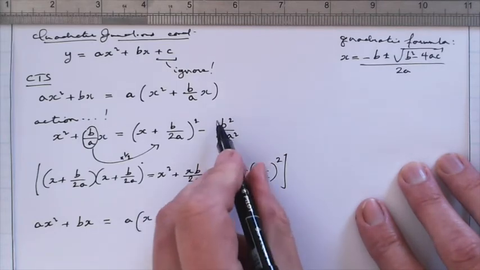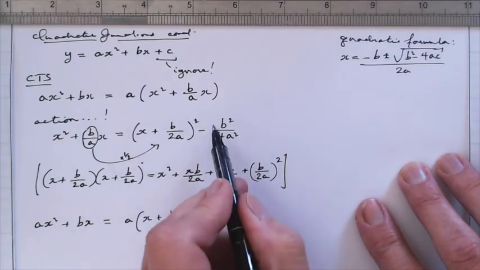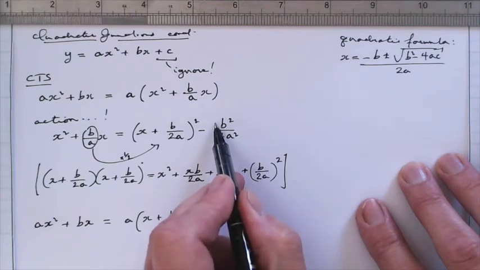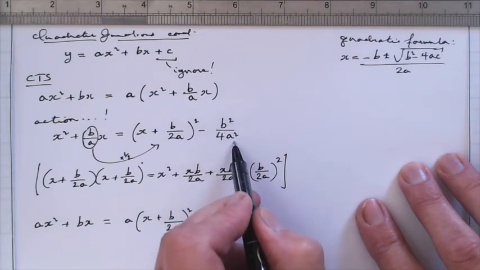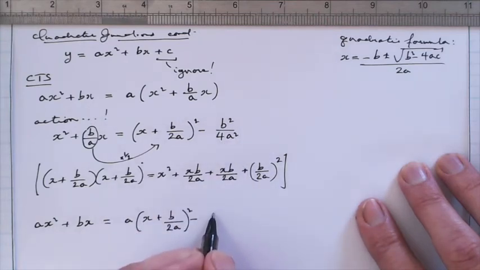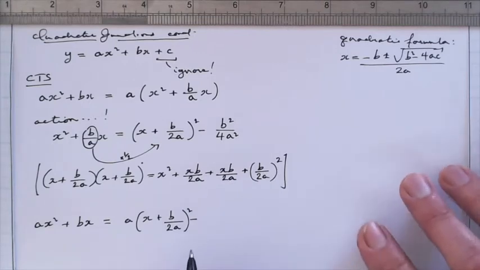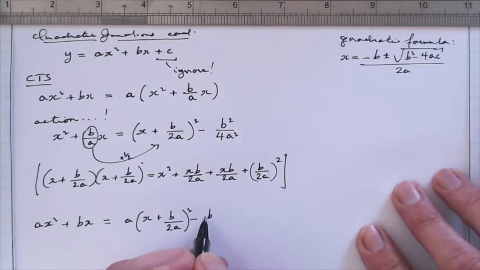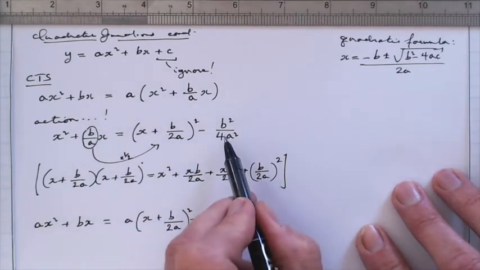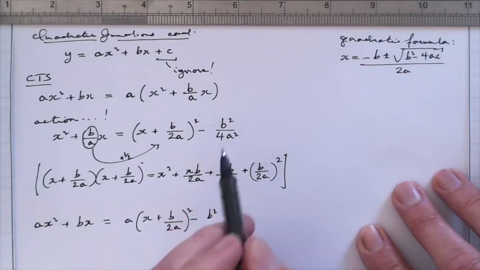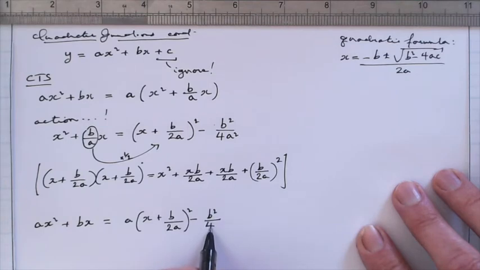If I multiply this by a, I'll just have an a on top and an a squared on the bottom. So I can cancel those a's and I'll just be left with 1a on the bottom. I was going to do an extra step, but I think you can see that if I multiply through by a, I can cancel that a with one on the bottom. I'll be left with b squared over 4a.